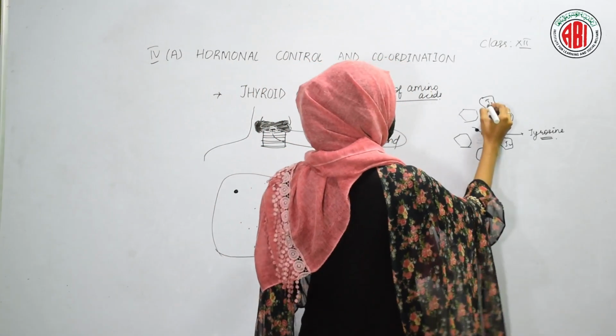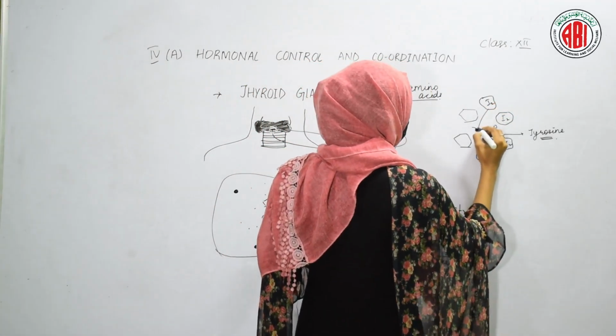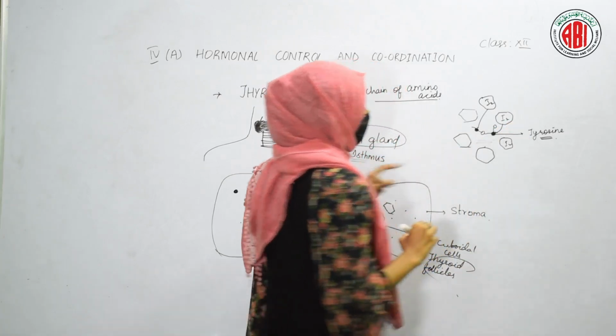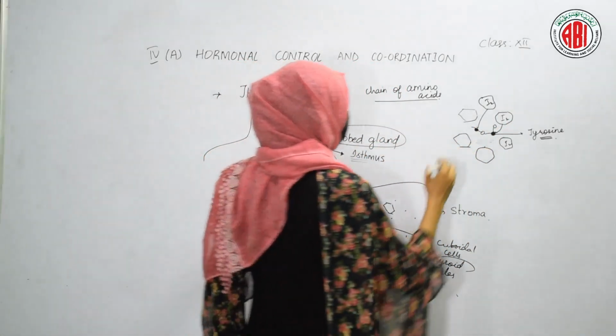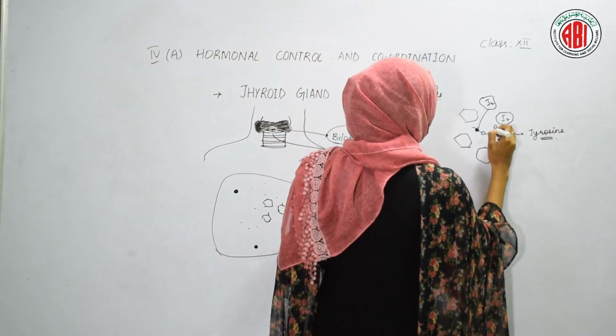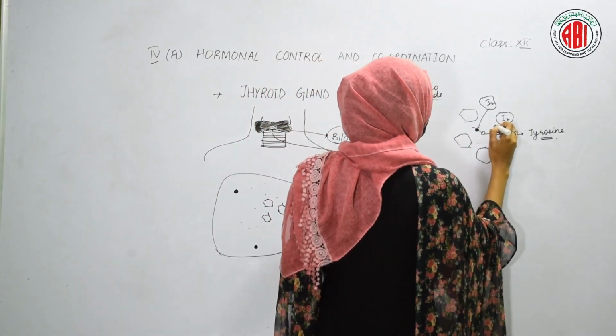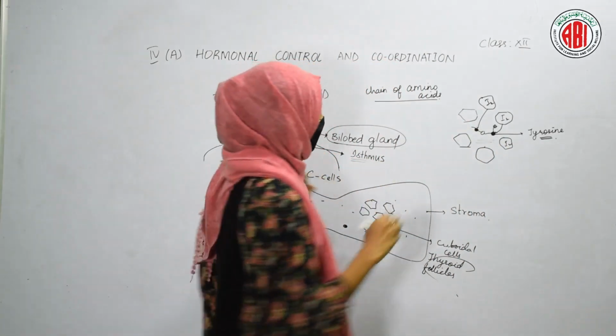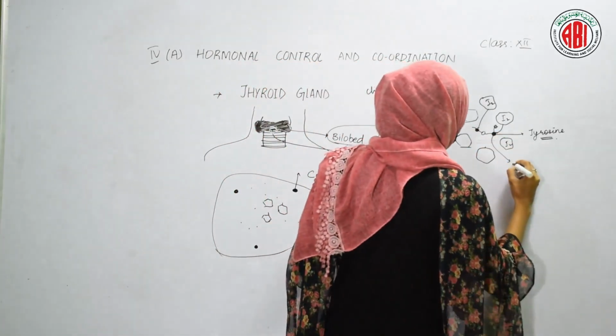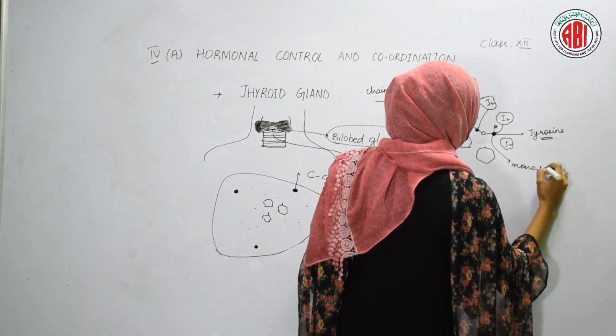This iodine will combine with the amino acid called tyrosine. When they combine with the tyrosine, in some situations you can find only one iodine attached to the tyrosine. We call that monoiodotyrosine.